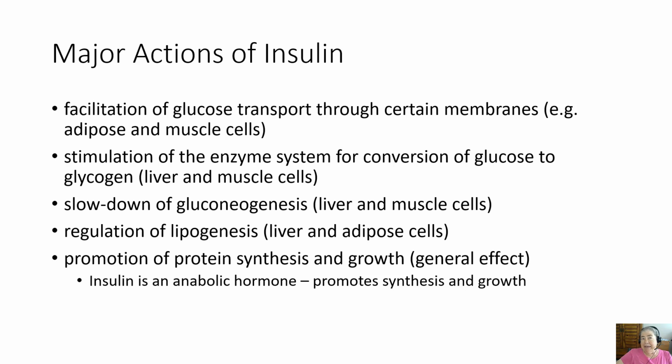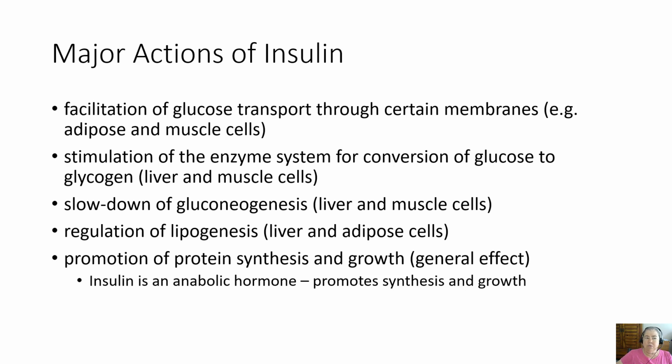It is made in the liver and in muscle cells, and when there is excess glucose, it can be stored as glycogen. When glucose is low, there are different enzymes that result in glycogenolysis, or the breakdown of glycogen. Insulin slows down gluconeogenesis, which we've mentioned previously, which is the production of new glucose from certain amino acids and fatty acids.